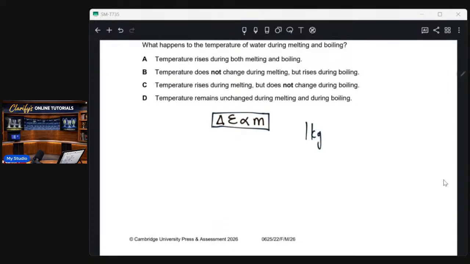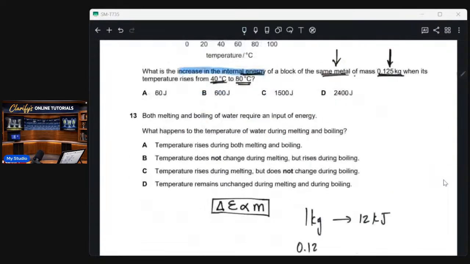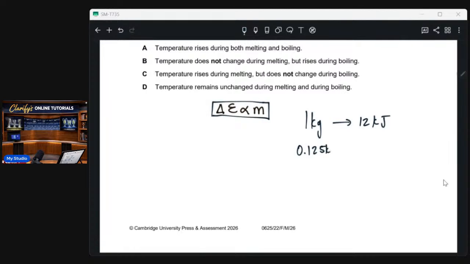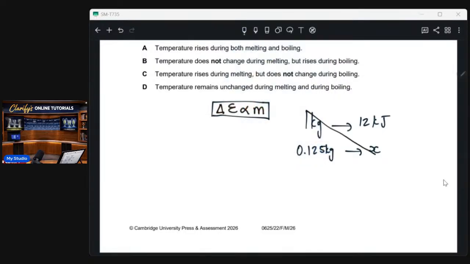1 kg gives you 12 kilojoules. 0.125 kgs gives you X. We don't know. When you have a proportion like this, you cross multiply. So 1 times X will be equal to 12 times 0.125.